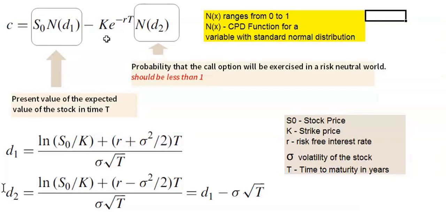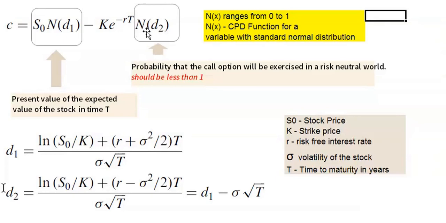The call option might be exercised if the underlying goes above the strike, and the probability that the option will be exercised in a risk neutral world is this.